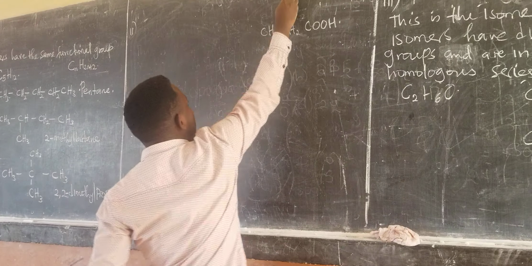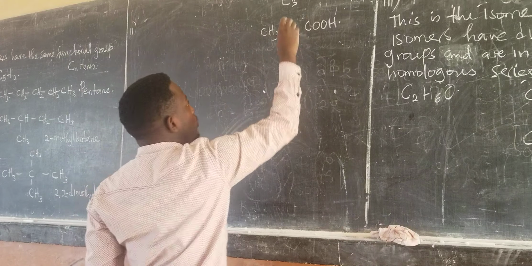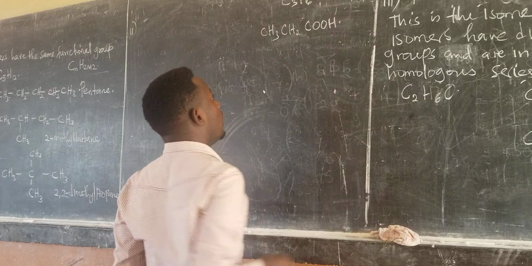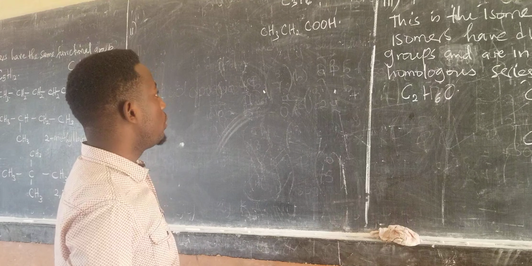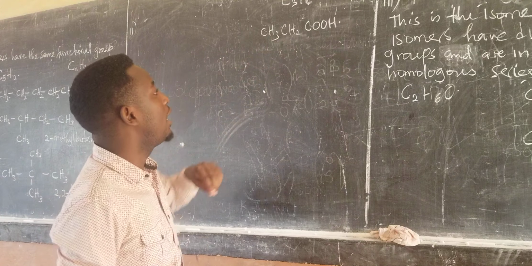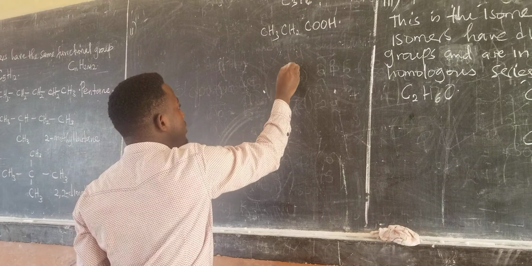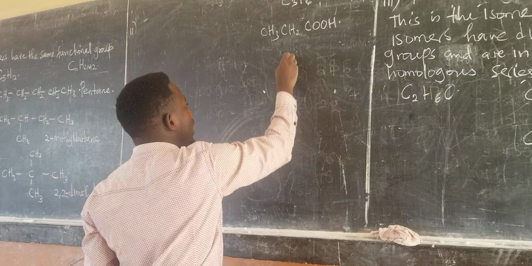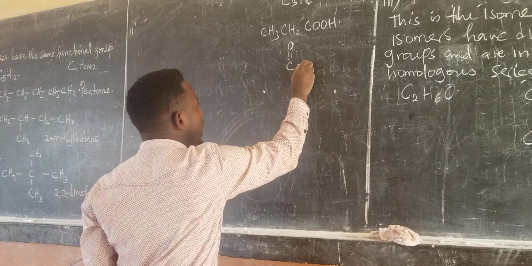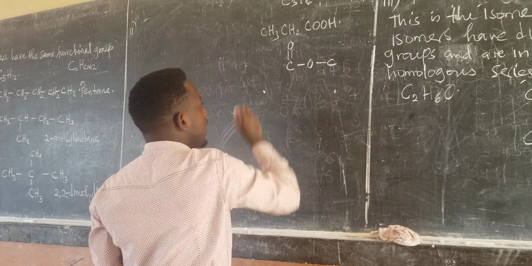Of course, the molecular formula is C3. This is 5 plus 1, that is 6, H6O2. But now you can also form an ester from this. Of course, for an ester, the functional group is a carbon with a double bond to oxygen and then another oxygen connecting to a carbon.